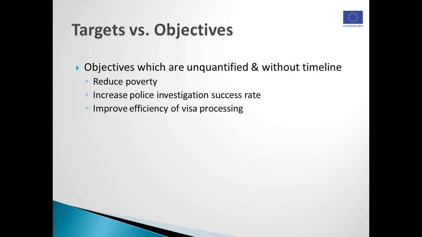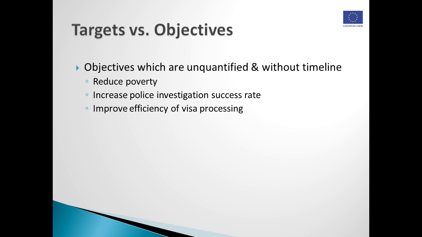It's important also not to confuse targets with objectives. Governments set many objectives which are unquantified and which lack timelines. For example, the government might commit itself to reducing poverty, but without specifying by how much or by what date. In this case, it would be specifying an objective which does not qualify as a target.